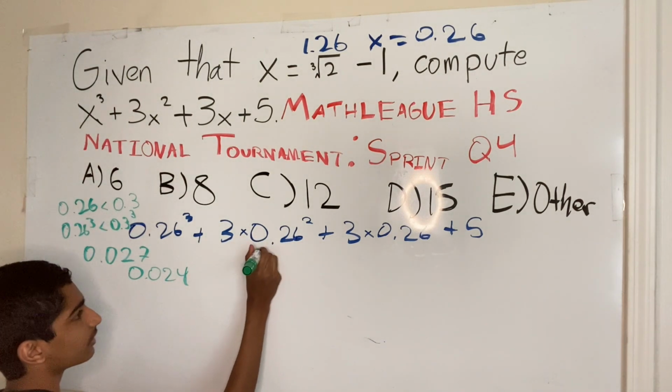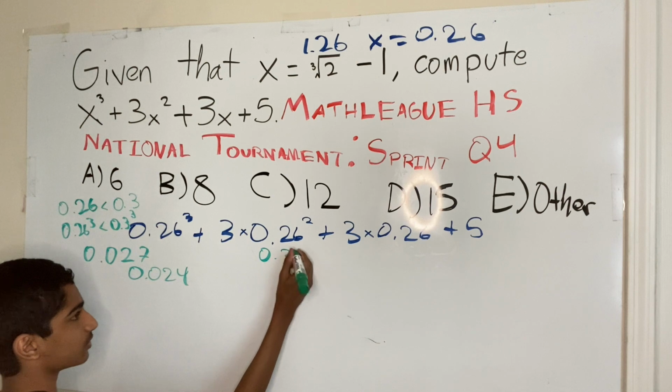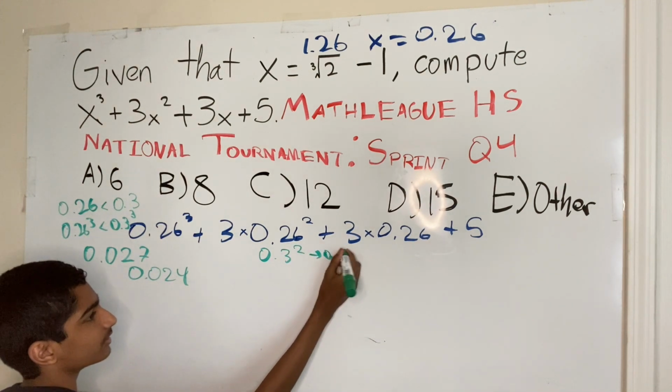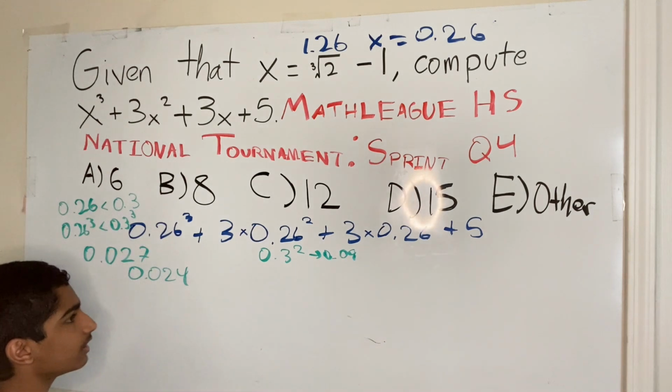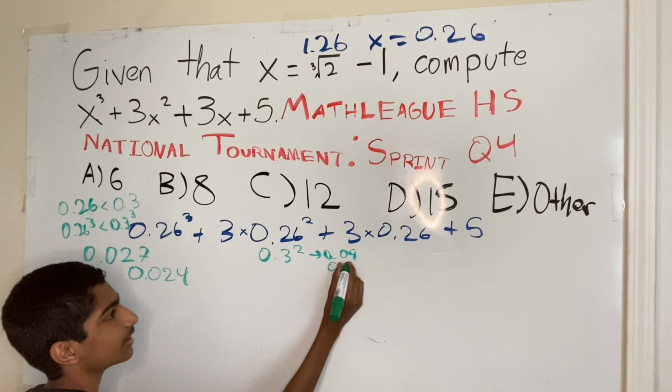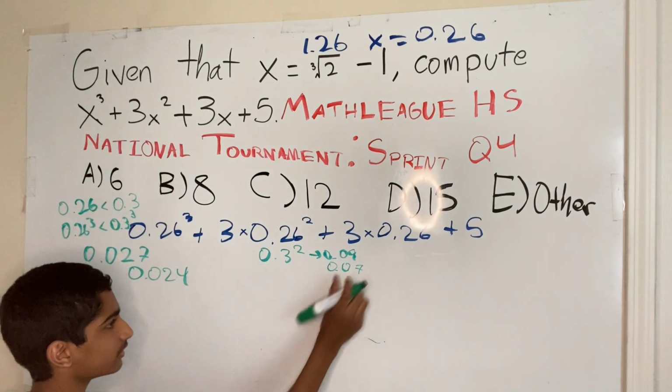And then we'll do the second term. Doing the same trick, we can use 0.3 squared as the upper bound, which is just 0.09. But we want to reduce that a little, so we'll make it like 0.07 or something.